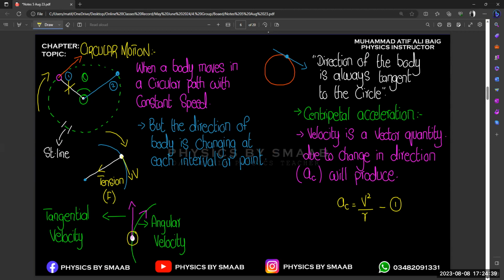One is the tangent one and the second is the angular one, right? So because of those two vectors, the body will move in the direction of the resultant force, right? So that is the final velocity with which the body is moving in a circular path, and that's why it is equal to v square, because that final velocity is the combination of two vectors, the tangential velocity and the angular velocity, right?